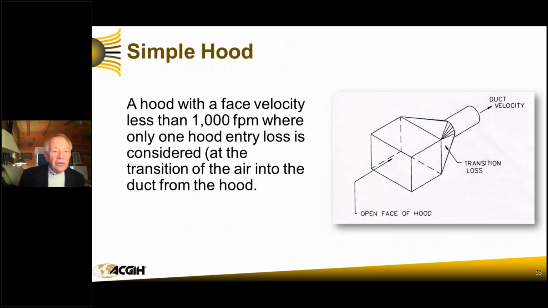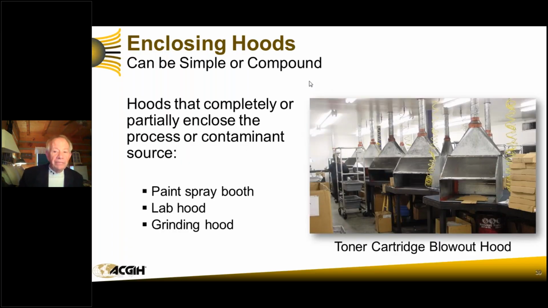Let's look at this enclosing hood. They can be either simple or compound. In this case, this is a combination. Our velocity here looks like a slotted hood, but it's really not a slotted hood there. But it is a slotted hood back here. Look at our slots. We'll talk about slots and compound hoods a little bit later. But let's talk about this first. This is a box.